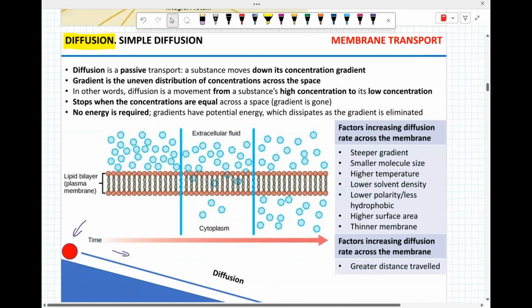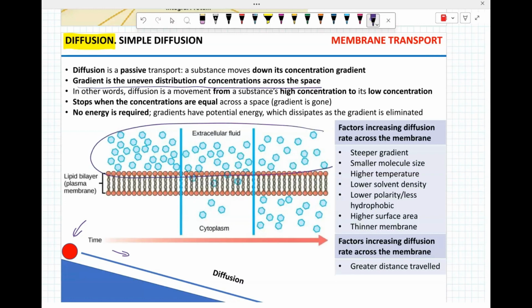Now, the definition of a gradient is the uneven distribution of concentrations across the space. If you look at this illustration, you can see that the concentration of a hypothetical chemical in the extracellular fluid is much greater than the concentration of the same chemical in the cytoplasm.